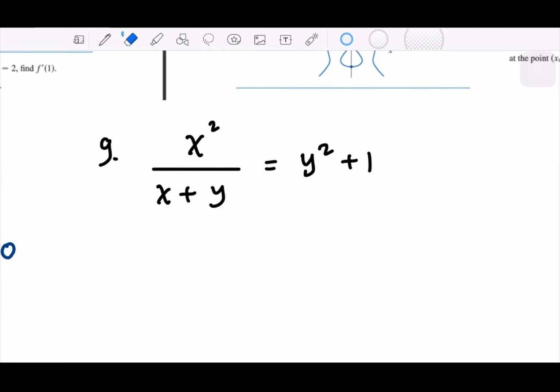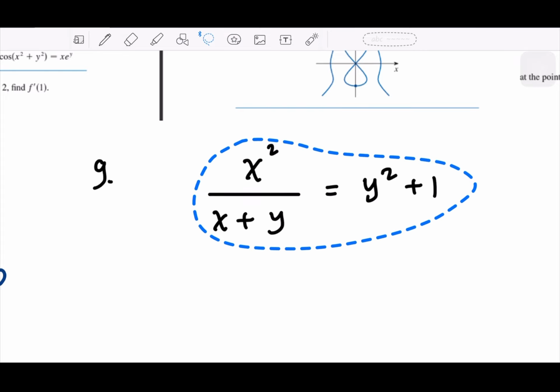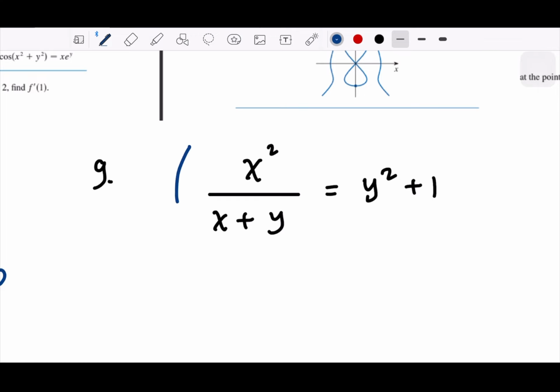Okay, so if we look at the equation, we take dy over dx of both sides. Let me shift this a little bit, goes right here. And usually I just write d/dx like this, meaning that we want to differentiate the left and right sides at the same time.